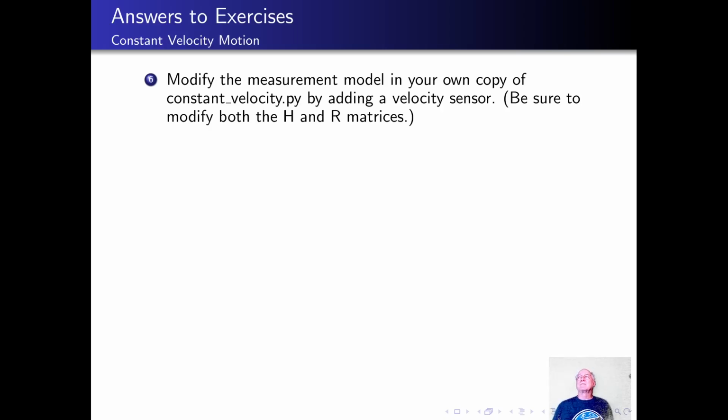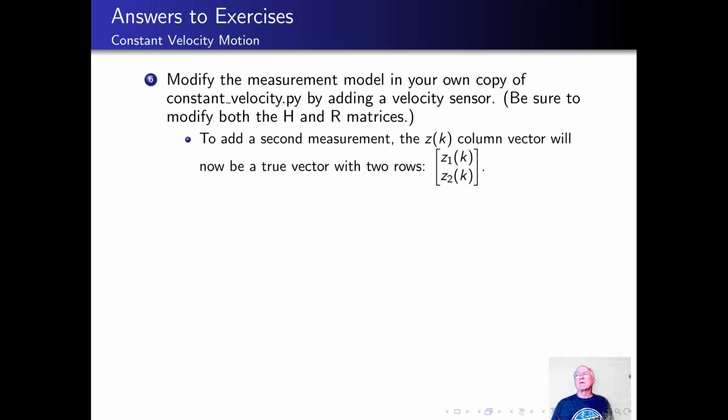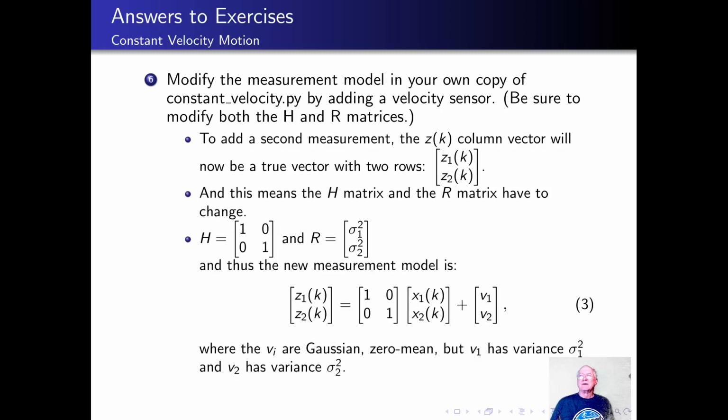Now, the next problem, number 6, asks you to modify the measurement model and add a velocity sensor. Okay, again, we're going to have 2 measurements now, position and a velocity measurement. And so the H matrix, the Z vector, and the R matrix all have to change. And this is what we get.